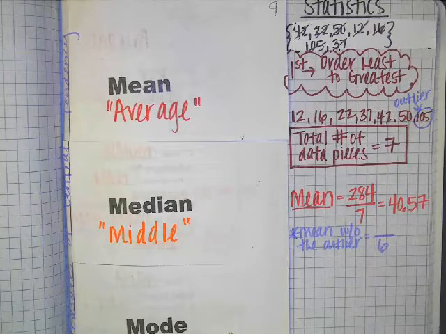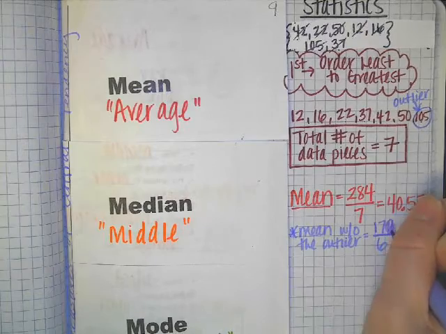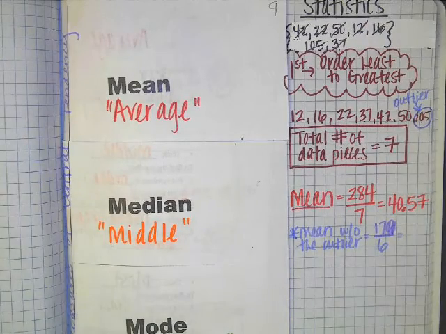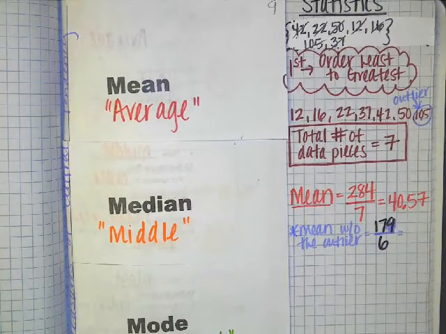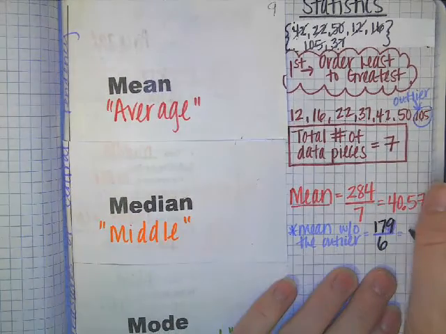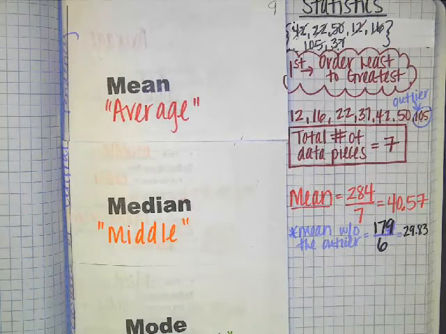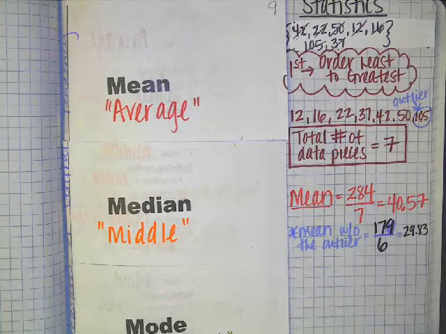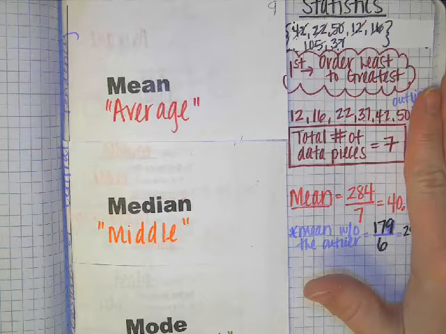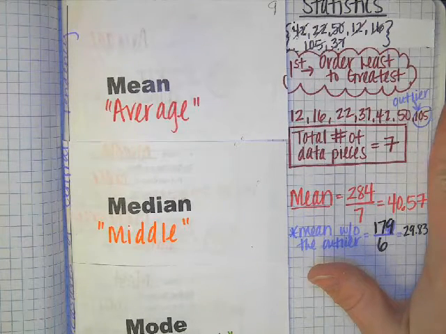Adding all these numbers up, I get 179, and now I'm going to divide that by 6. 179 divided by 6. In my calculator, my answer is 29 and 83 hundredths. The reason we use mean without an outlier is because you'll notice that all these numbers are pretty close together, meaning that we had a consistent event happen, whereas this one is extremely far off.